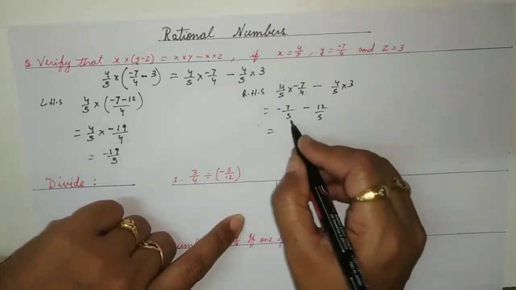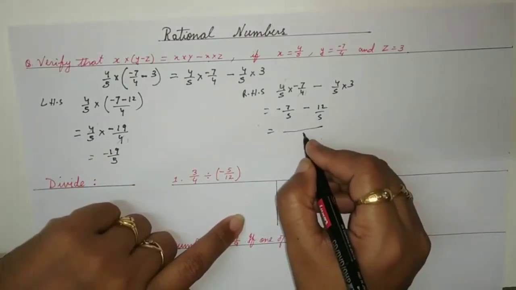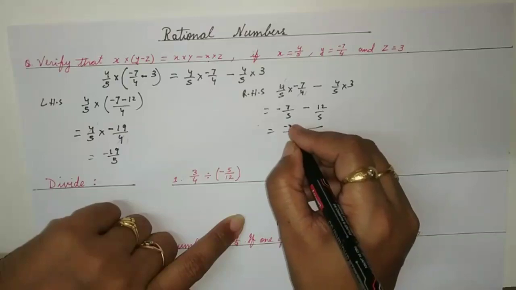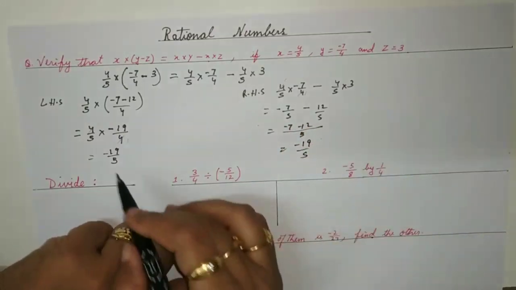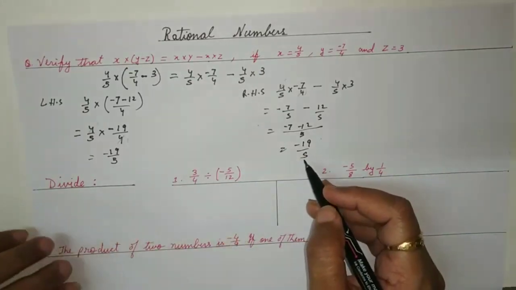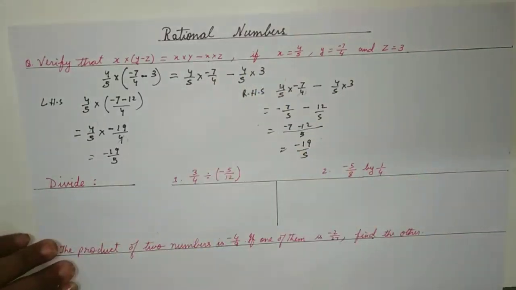Now the LCM is 5, because the denominator is 5, minus 7 minus 12, and the answer is minus 19 by 5. So LHS and RHS are equal, therefore it is verified.